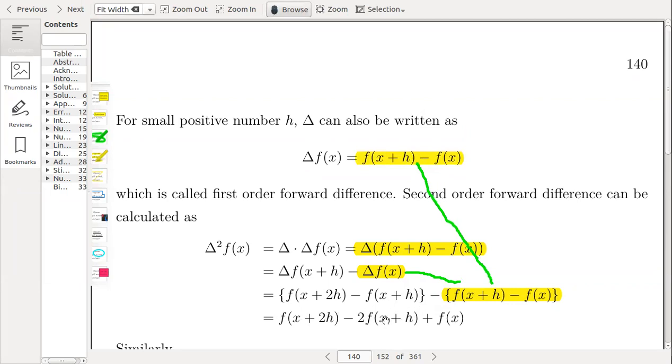So we can simplify this. The two terms can be added, so we get f of x plus 2h minus 2f of x plus h plus f of x.